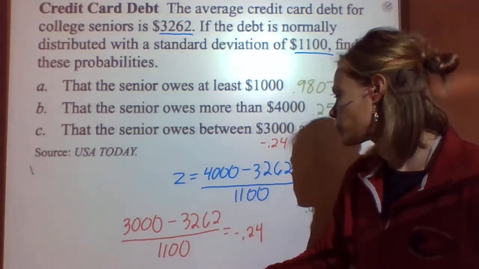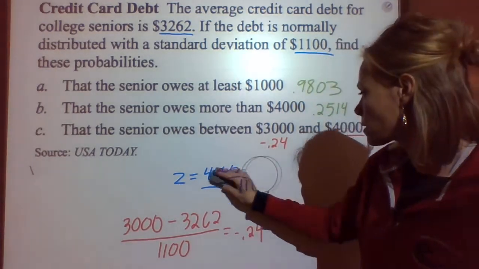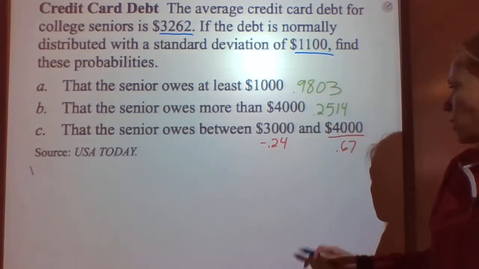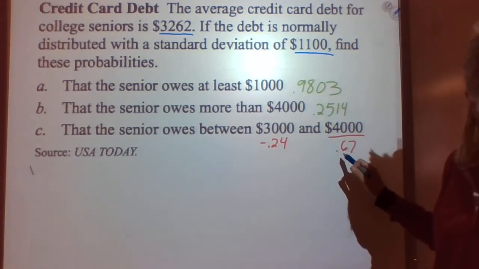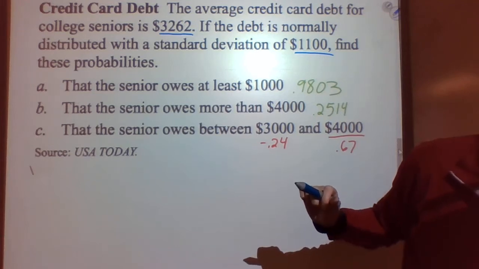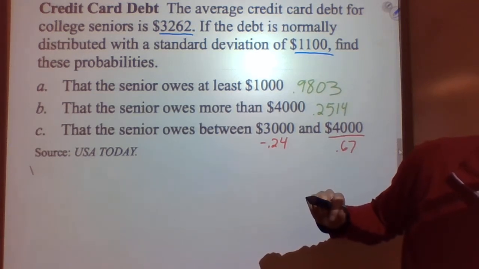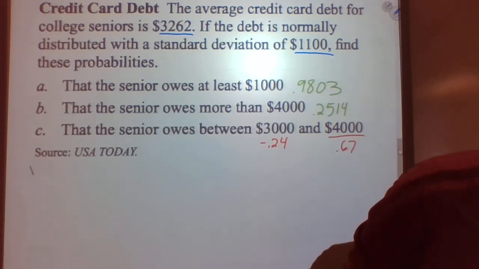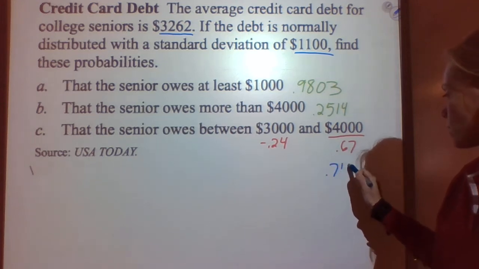After I have both z-scores, remember what to do? Area in between? I look up the larger z-score, 0.67. So 0.67 is 0.7486.